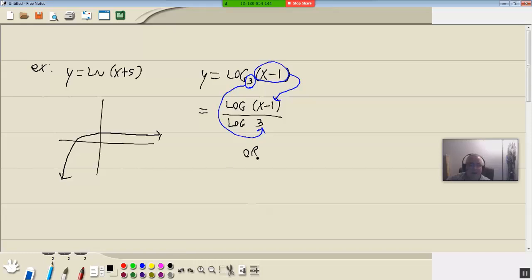You could rewrite it that way, or you could even use natural log. So we could rewrite that as natural log of x minus 1 over natural log of 3. Change of base actually says you can rewrite it as any base, base 5, base 12. The only 2 that make sense for graphing purposes in this class on the calculator is either log, which is base 10, or natural log, which is base e.